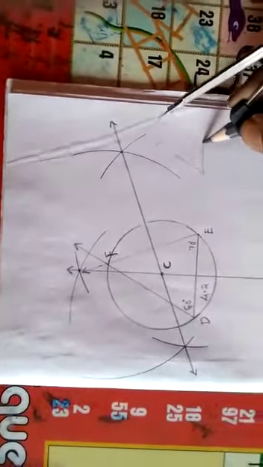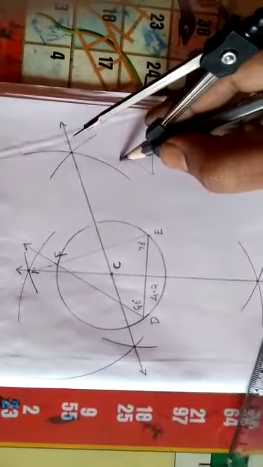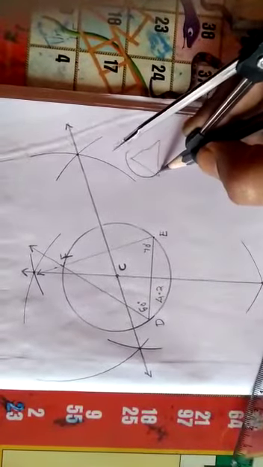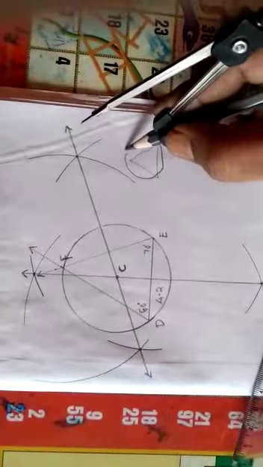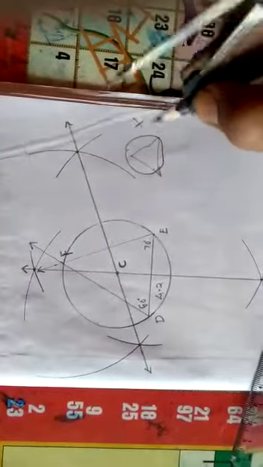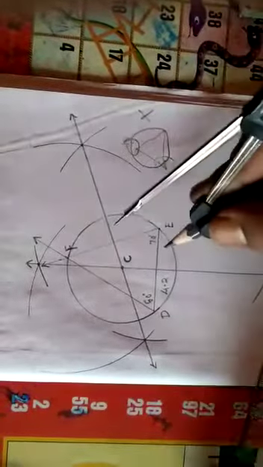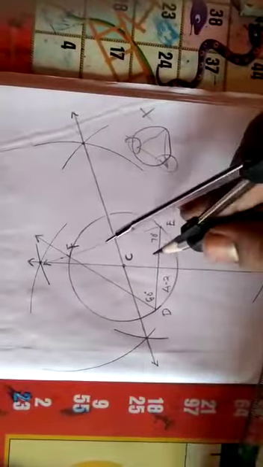If you draw a circle like this, see here is a gap, and here the triangle is out of this circle. This is wrong. So you want to draw a perfect figure.